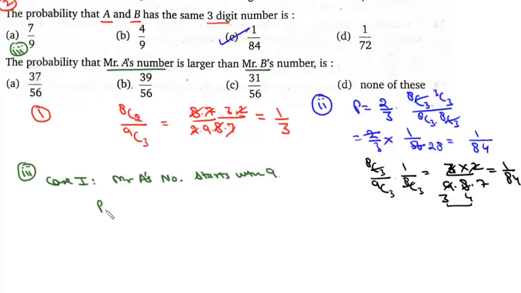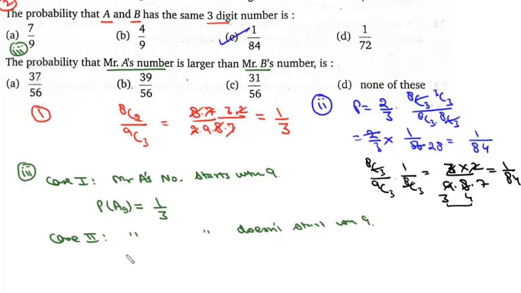So in this case, the probability that Mr. A's number will start with 9 is 1 by 3. Now if we consider the second case, when Mr. A's number doesn't start with 9.